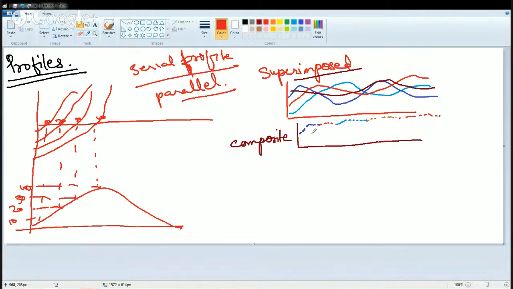So I am just taking the topmost profiles of that region into consideration, and by that I can form the composite profile. This composite profile is also known as ruggedness of a skyline. While seeing this, we can get a feeling of a skyline, something like what you can see beyond consideration.